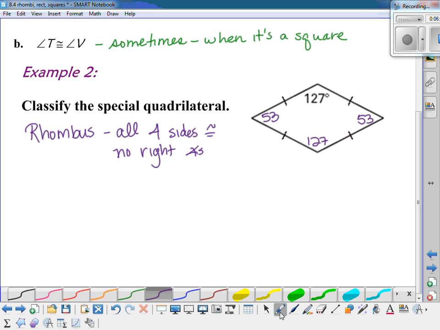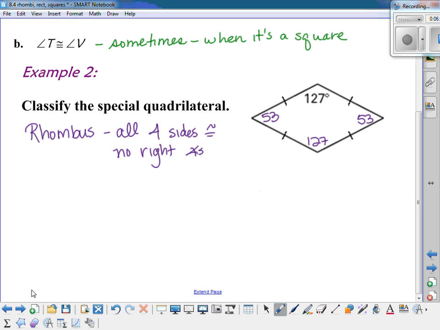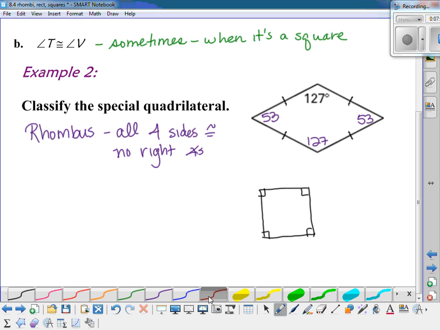Here's another one. Here's one for you to think about. Based on the given information, what would be the classification for the figure I just drew? It's a rectangle.